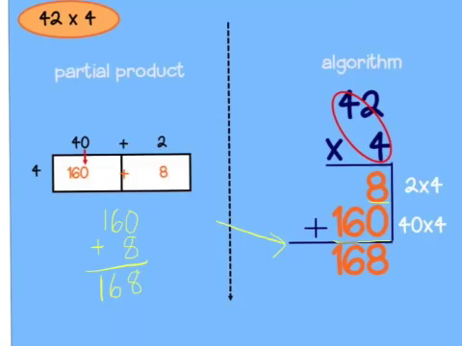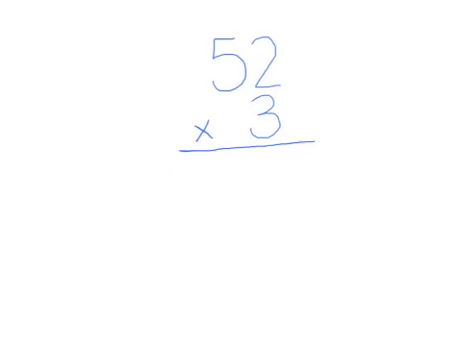Let's try a different problem and put all the steps together. Okay, here I have 52 times 3. Remember, my first step after I've lined up all the digits is going to be to multiply those in the ones place. I'll bring down that equal bar to make kind of a short 7, and I'll multiply the 2 times the 3. 2 times 3 equals 6.